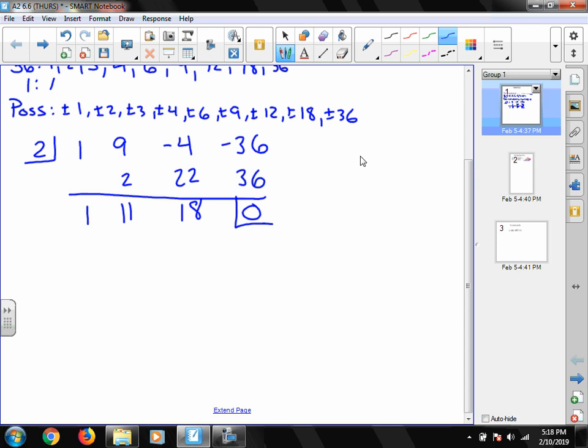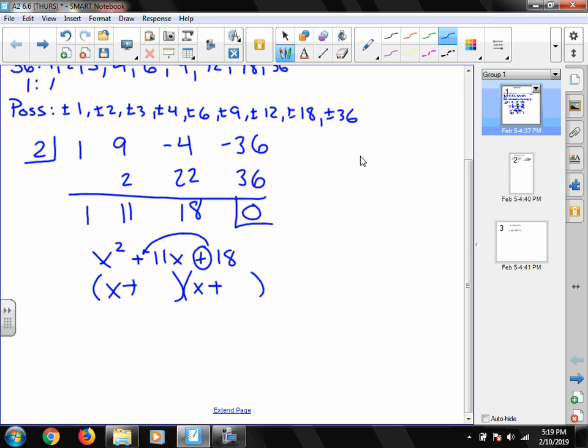And I can factor x squared plus 11x plus 18. That is going to break down to x and x, which multiply to x squared. I have a positive in front of my 18, so both signs will be the same.